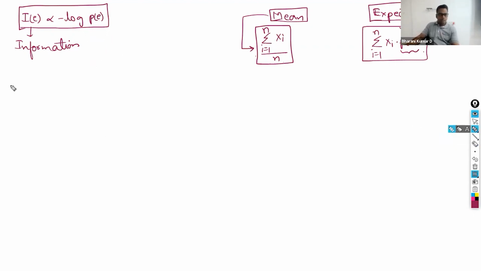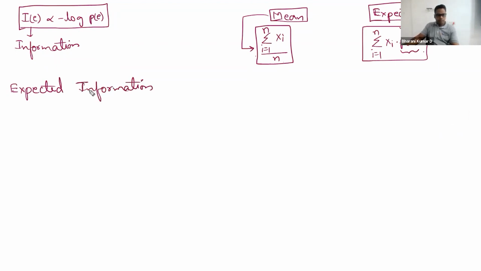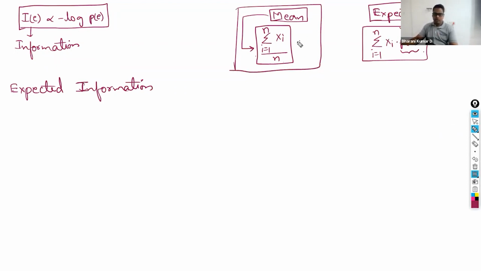Now, if you want expected information, similar to this. Now we calculated mean. Now to move from mean to expected mean, you're just taking that value and multiplying it with probability. Right? That is what we are doing. We're taking this value and multiplying it with probability. Here also you do the same thing.